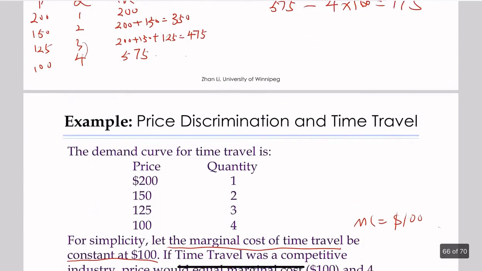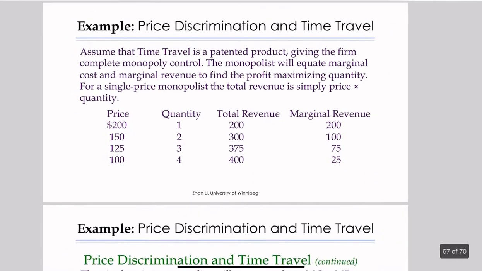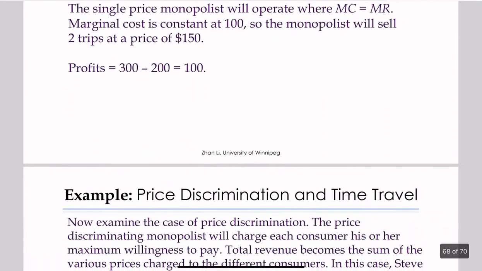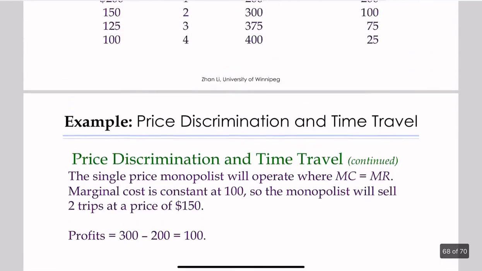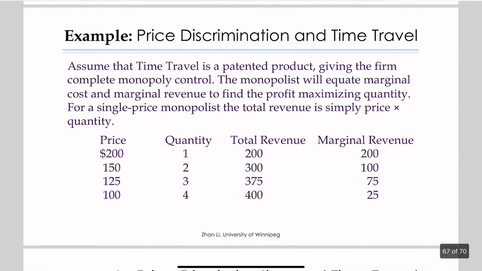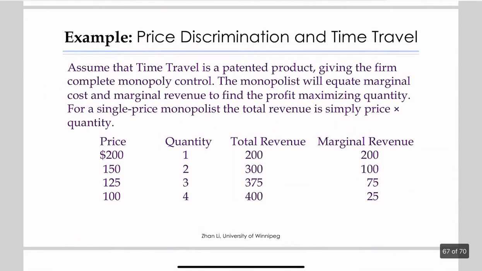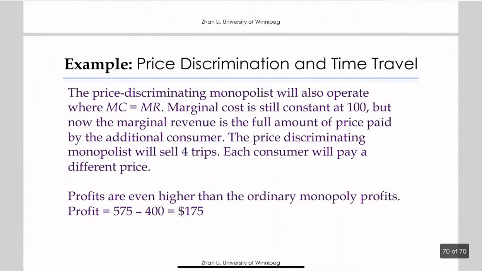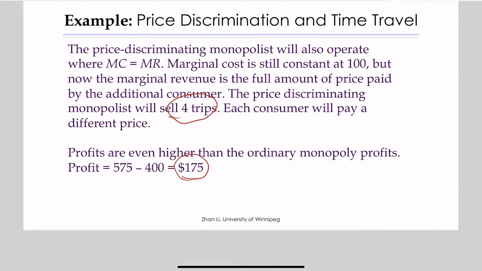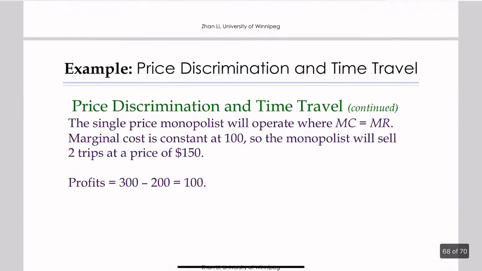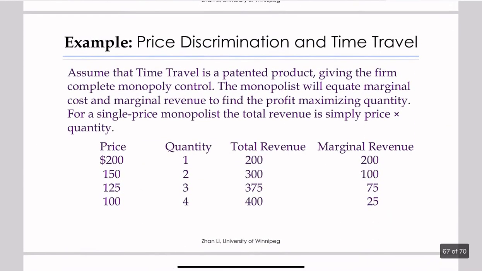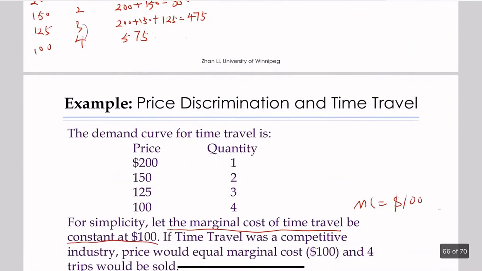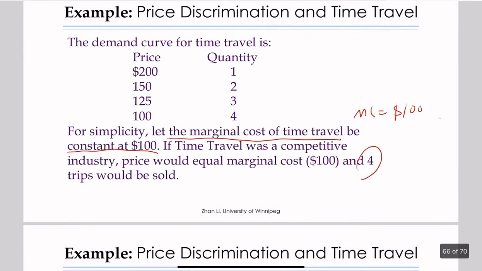So if you compare these 3 examples, you can see that under price discrimination, it can sell 4 trips. Profit is 175. And under a competitive market, it will sell 4 trips, but the firm's profit is just 0.